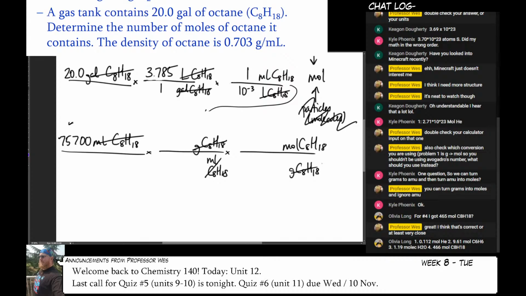Okay, how many grams are there per milliliter of octane? Well, according to the right up here, let me see if I can point at it. It should be this right here. Yeah, there we go. 0.703 grams per 1 milliliter. That's how density works, yeah? So this right here, this is the density.